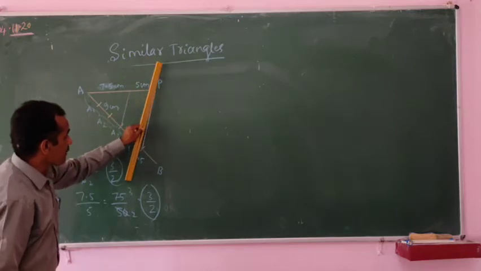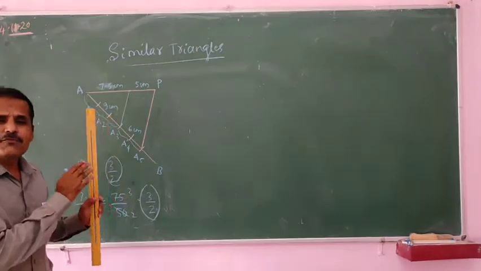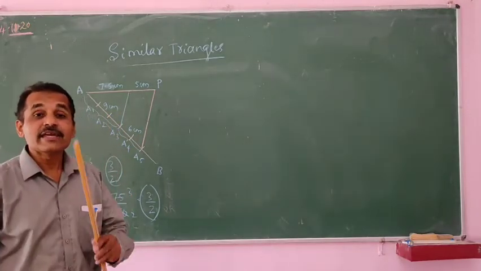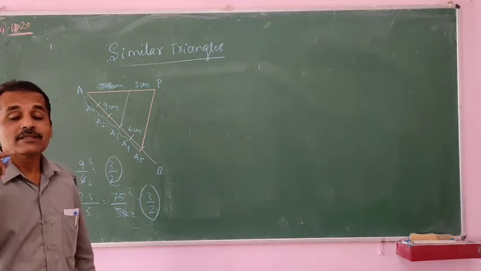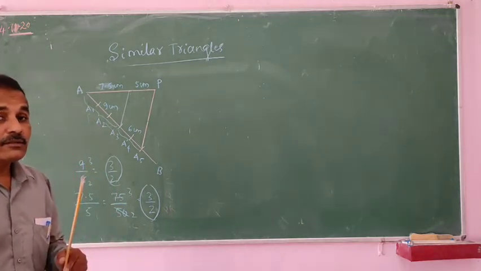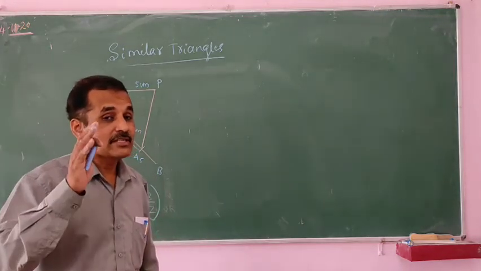When the lines are parallel, the sides are proportional. This is a very, very important result, which is called Thales' theorem or the basic proportionality theorem. What the theorem says, and how it can be proved, we will discuss later.